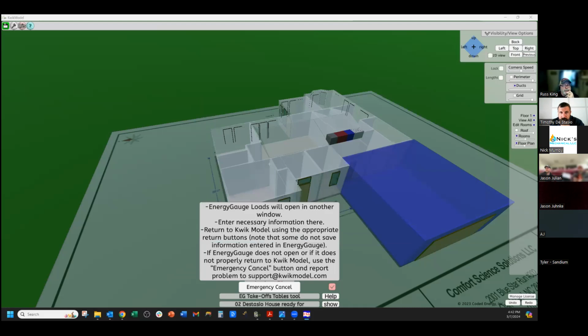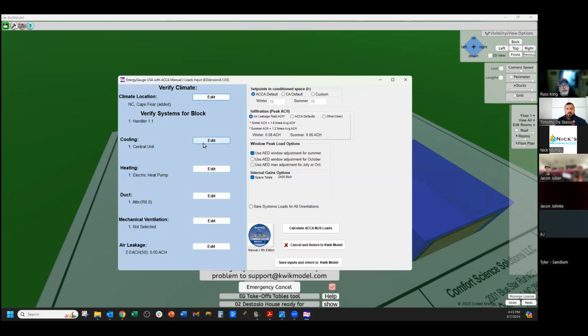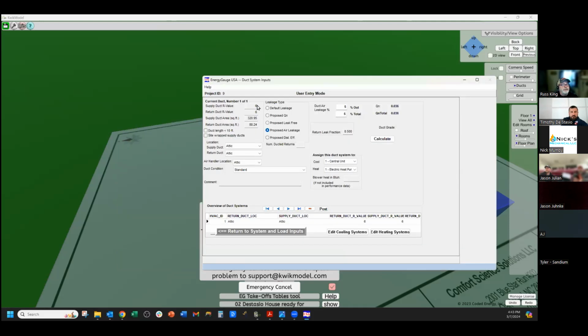It asks for a couple little bits of information about the cooling system, like what kind it is. On the ducts, it asks what the R value is. That's where you enter the R value of the ducts and where they are located. There's a lot of different ways to measure duct leakage. You can actually test it, and if you do a duct leakage test, you can enter that number.